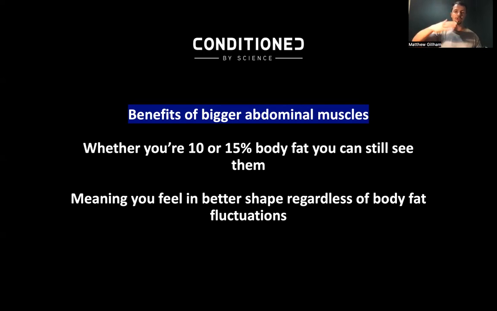So for me, year on year, obviously I always do at least a 6-month building phase, and year on year, my abs get progressively a little bit bigger, which means my shape when I'm through my building phase, when I'm at 15% body fat, 18% body fat, for example, my shape looks much better now than it did when I first started my first building phase. Why? Because my abs are bigger and it's harder to cover them with fat. So therefore you feel in better shape regardless of body fat fluctuations.